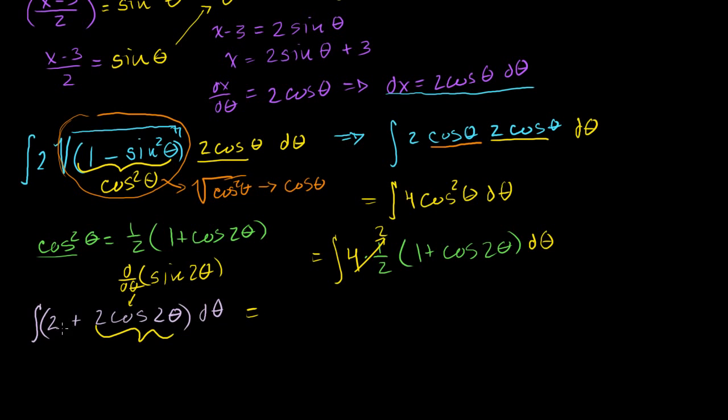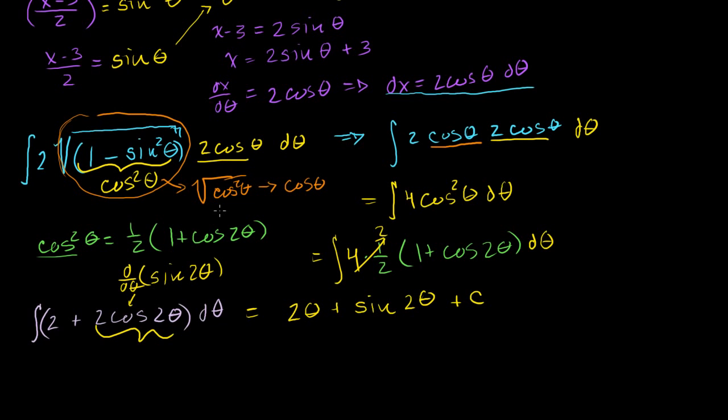So this is equal to, the antiderivative of 2 with respect to theta is just 2 theta, plus the antiderivative of this, which is just sine of 2 theta, and then we have a plus c.